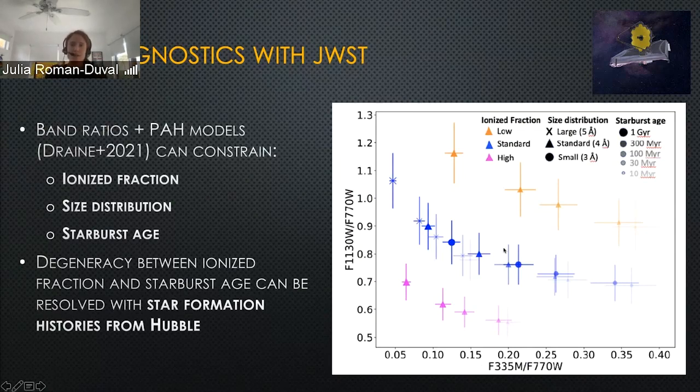And we color-coded those ratios based on the ionized fraction of the PAHs, low, standard, or high, the size distribution, so we're going from 3 to 5 angstrom average size, and then the age of the starburst, going from 10 million years to 1 gigayear. And so depending on the location of those image ratios in this parameter space, we can directly determine those properties. So this is a very powerful diagnostic method.